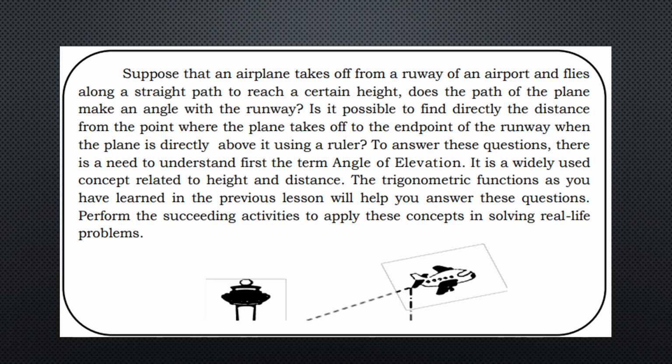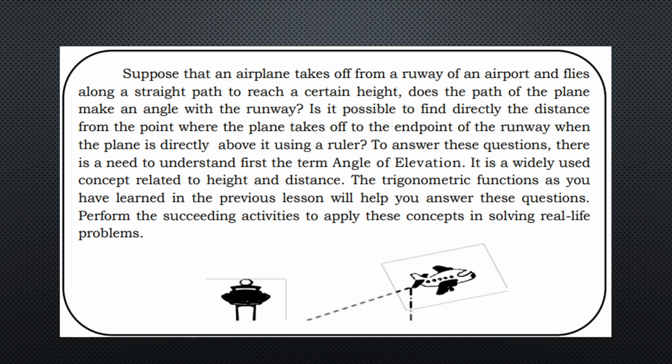So consider the situation here. Suppose that an airplane takes off from a runway of an airport and flies along a straight path to reach a certain height. Does the path of the plane make an angle with the runway? Is it possible to find directly the distance from the point where the plane takes off to the end point of the runway when the plane is directly above it using a ruler?